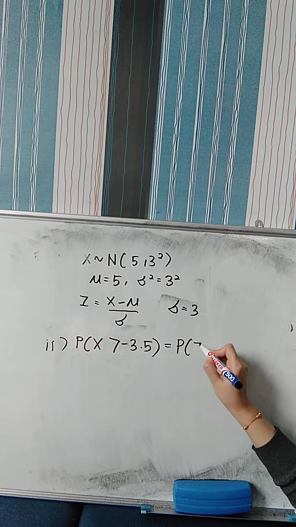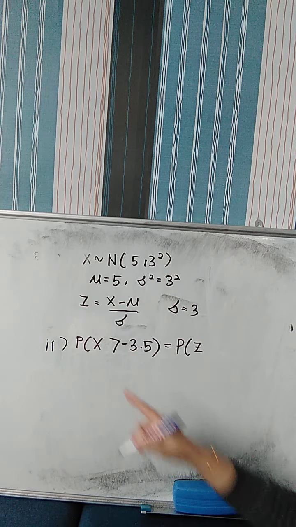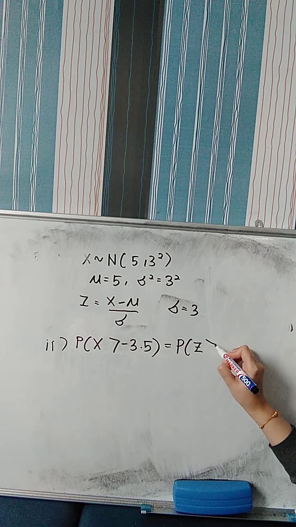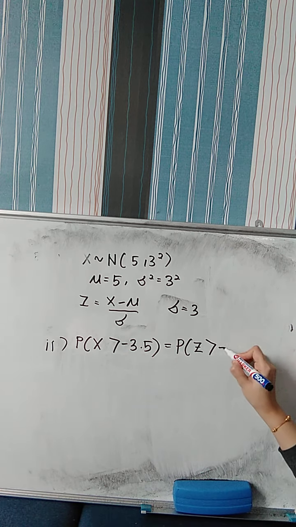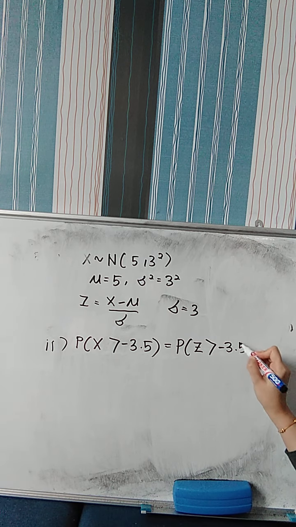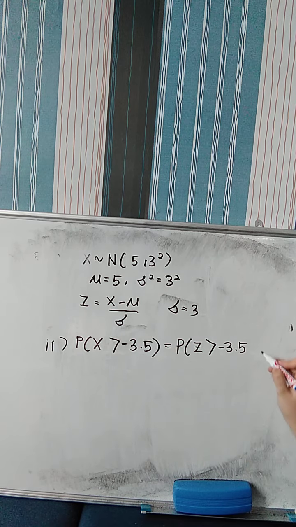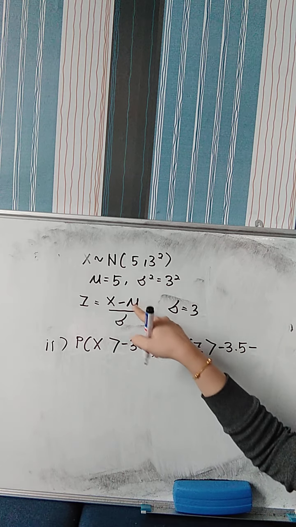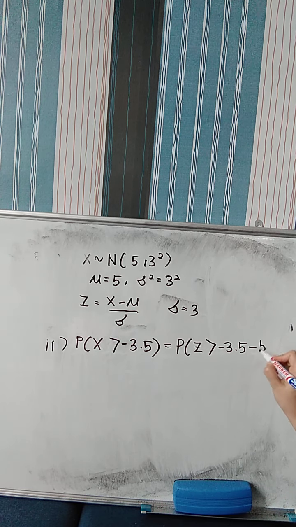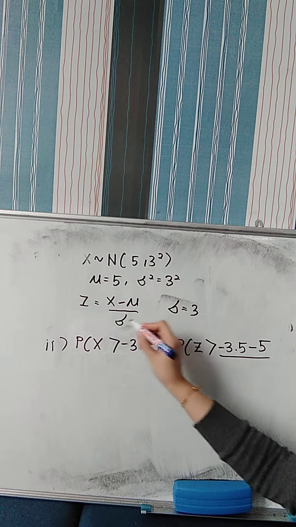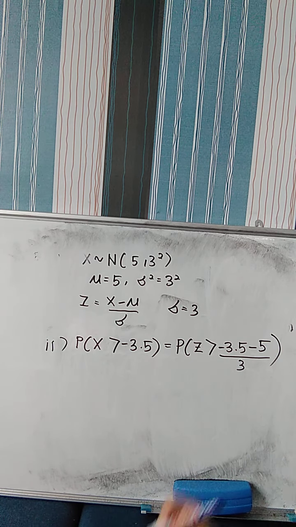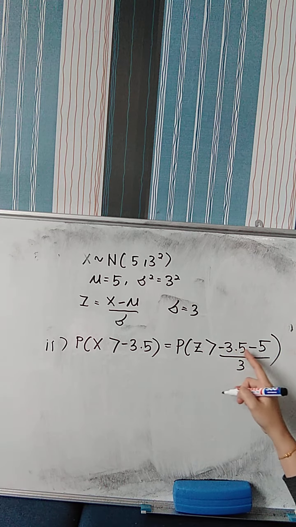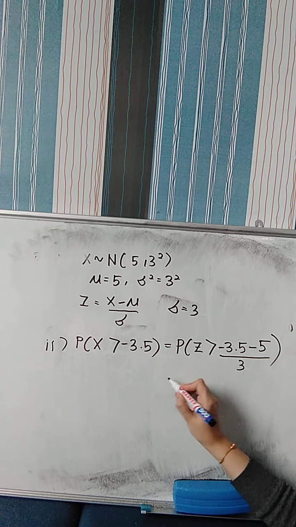X becomes Z, more than, still the same. You write negative 3.5 as your X, and then you minus mu which is 5, and then you divide by your standard deviation, 3. So negative 3.5 minus 5 divide by 3.